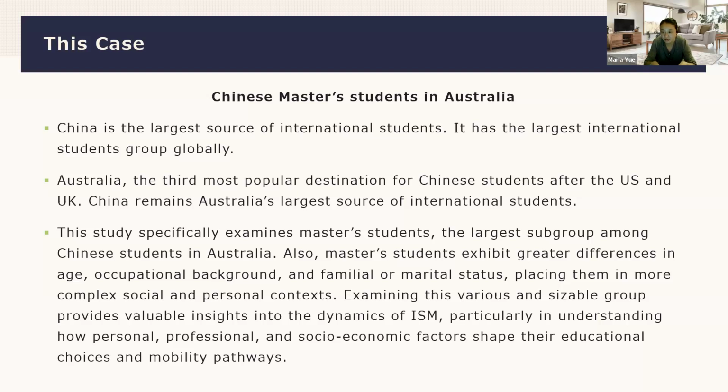Also, master's students have great differences in age, occupational background, and familial and marital status, placing them in more complex social and personal contexts. Examining this varied and sizable group provides valuable insight into the dynamics of international students' mobility, particularly in understanding how personal, professional, and socio-economic factors shape their educational choices and mobility pathways.